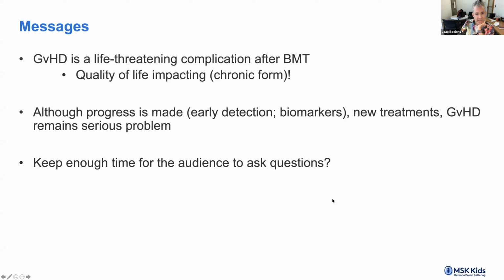And if you end up with chronic form of graft versus host disease, it's also definitely quality of life impacting. So there is earlier detection with biomarkers, there's new treatments, but as mentioned, it continues to be a serious concern. And as mentioned earlier, I would like to keep enough time for the audience to ask me some questions and to have some conversation with you.